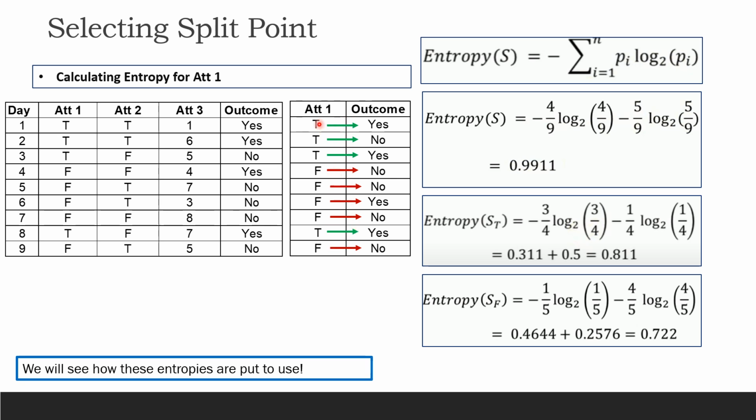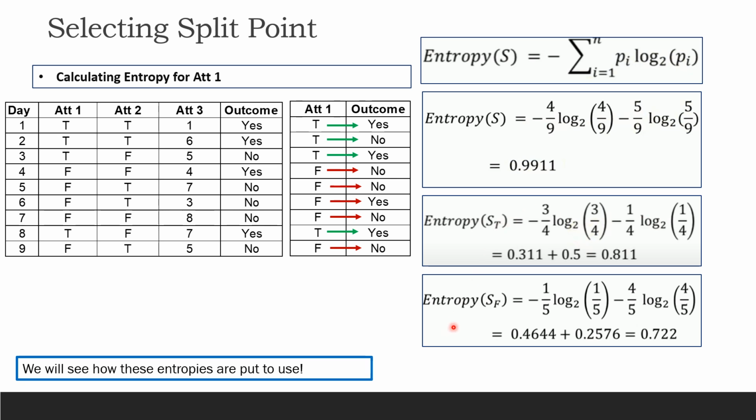Now each of these 4 true values is either leading us to an outcome of yes or no. And we see that for the green arrows, there are 3 yeses and 1 no. So for true, three times out of four we have yeses, and one out of four we have no's. The total entropy of true is calculated in this fashion by putting the formula for entropy into use.